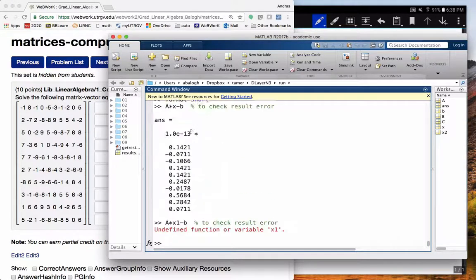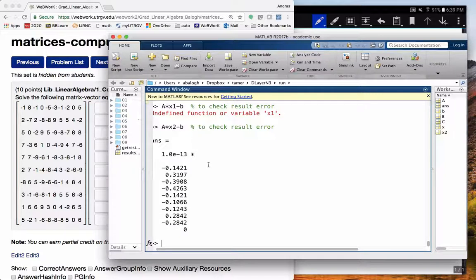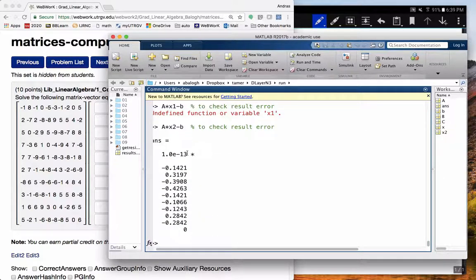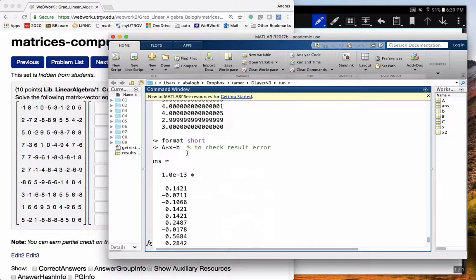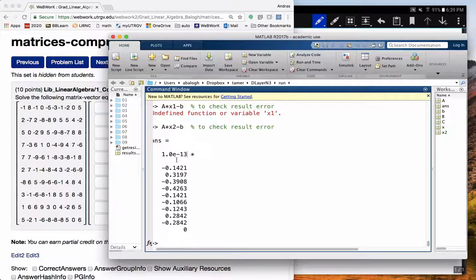I'm sorry, it was x2, not x1. So if I use this x2 solution, please check. In another example, I actually got a worse, larger error than Gauss-Jordan elimination. In this case, you cannot really see whether it's different or not. Both of them are of size 10 to the minus 13.